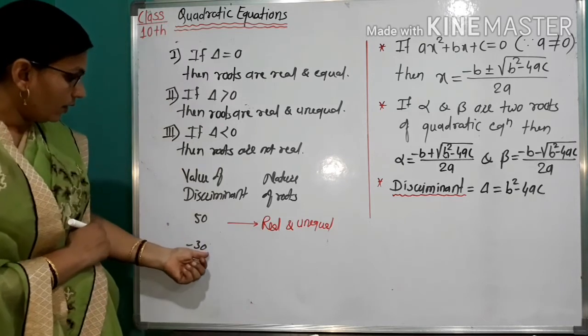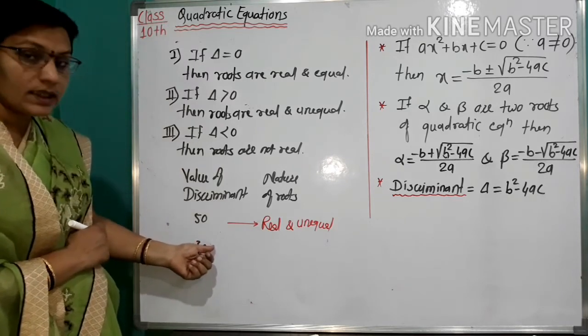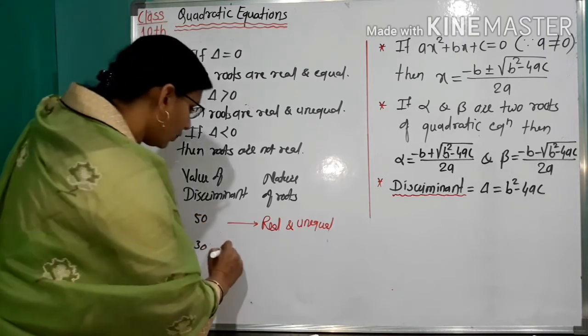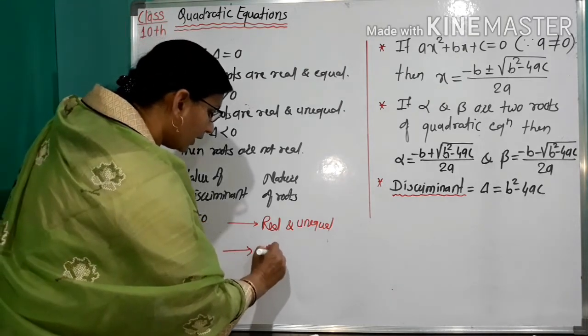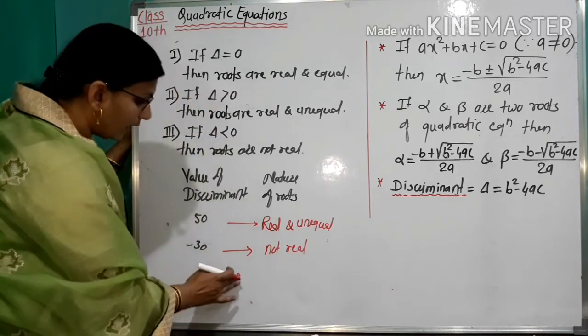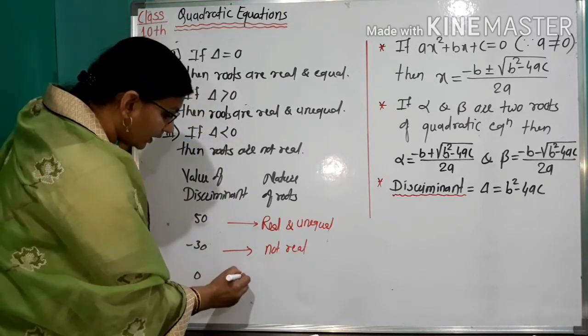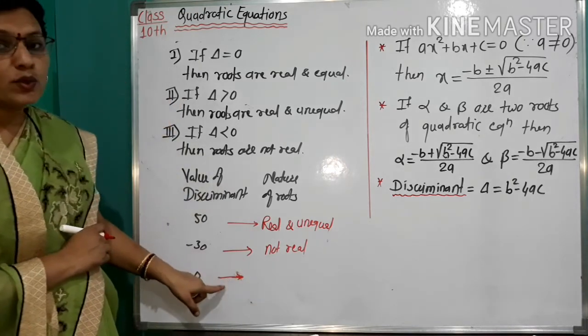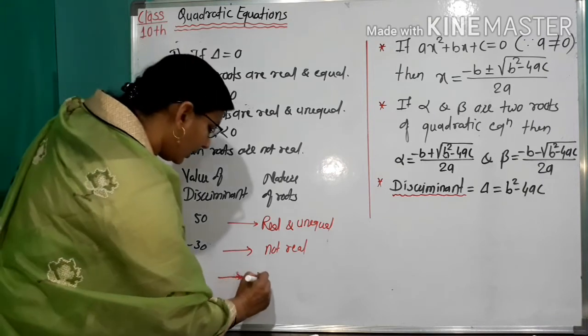Here value of discriminant, delta, is minus 30, that is less than 0. Therefore roots are not real. And here value of this delta equal to 0 means roots are real and equal.